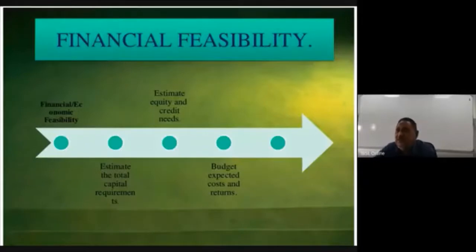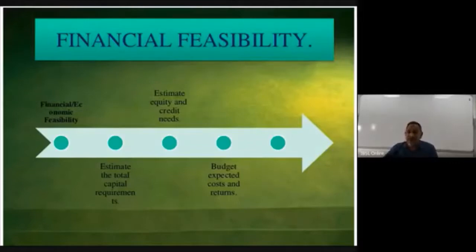Okay, next comes financial feasibility. Is it financial feasibility or economic feasibility? We discussed earlier also, it is about financial feasibility or economic feasibility. It is the structure of finance. How is finance needed? To estimate how much capital is required.